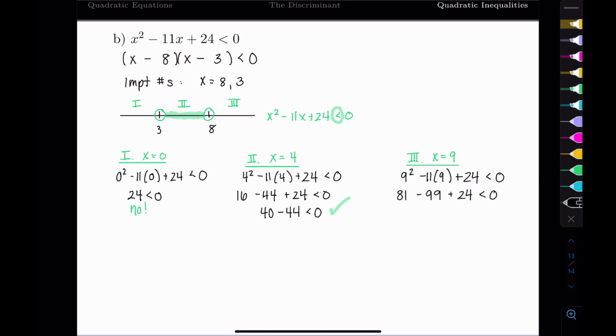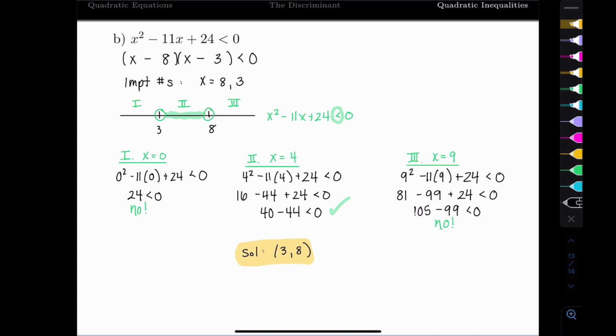If I do 81 plus 24, that is 105 minus 99 is less than 0. Unfortunately, this interval is not going to work because that would be 6 is less than 0. So only interval 2 is good. So our solution starts at 3 and goes to 8.